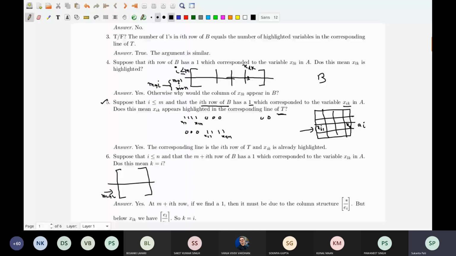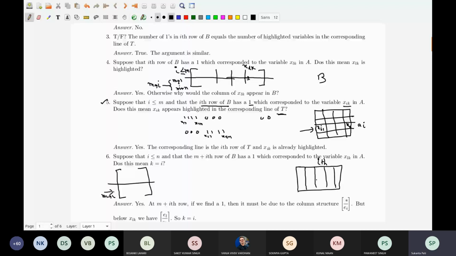It corresponds to the ith column of T. Remember in the previous class I did like third row of A corresponds to this, seventh row of A corresponds to this. This will correspond to the ith column. That is what it will correspond to, the ith column.